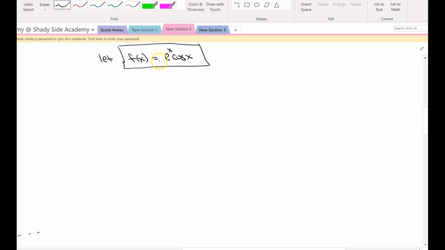So what I'm saying here is we know the Maclaurin for e to the x is none other than this. Okay, we know the Maclaurin for cosine x is none other than this.